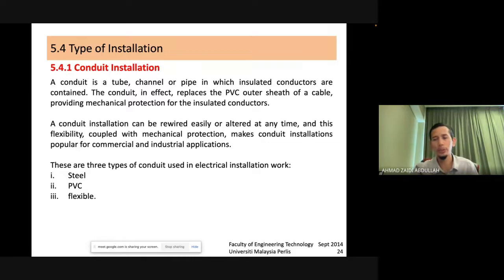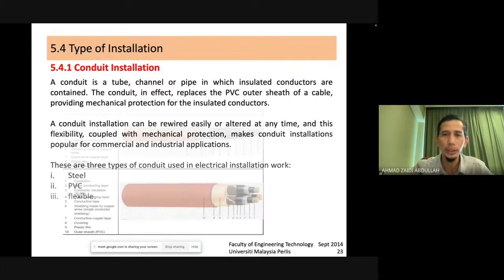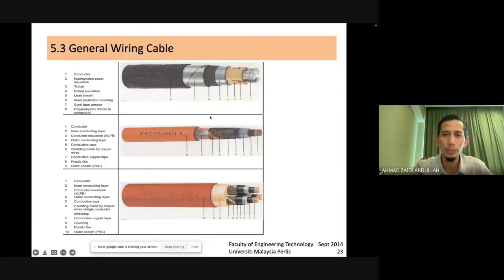Okay, so settle on the type of cable, that just to intro to all of you lah, the type of cable that you can use during your installation design. So normally this type of cable you can use for installation from sub switchboard SSB to MSB normally.